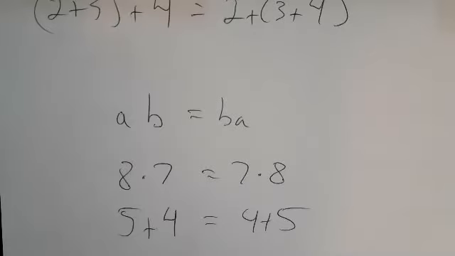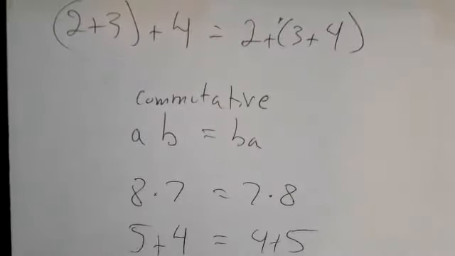And so it doesn't matter how these things commute to the problem. They're still going to give you the same solution, right? We're still going to get the same numbers, whether we multiply 8 times 7 or 7 times 8. So this is called the commutative property.